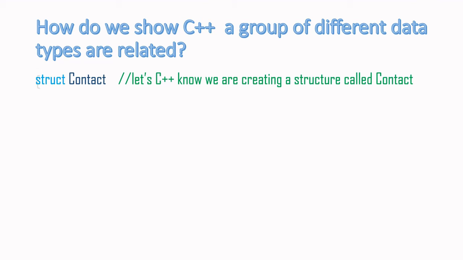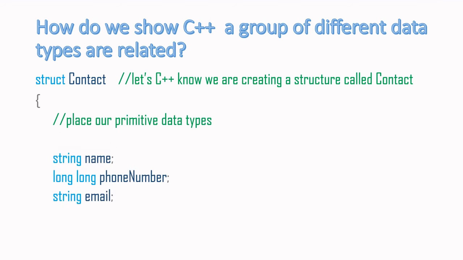We open with a curly brace to mark the beginning of our structure. Then we put in the primitive data types: string for the contact's name, a long for the contact's phone number, and a string for their email. We close our structure contact with a closing curly brace, and don't forget the semicolon, very important.